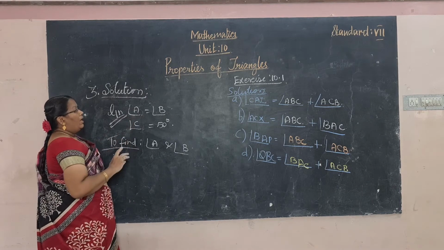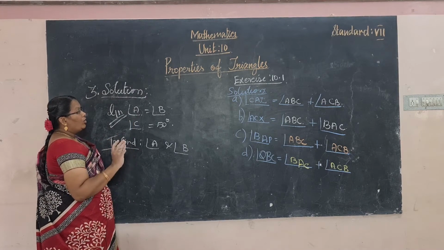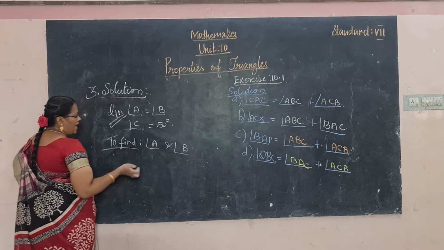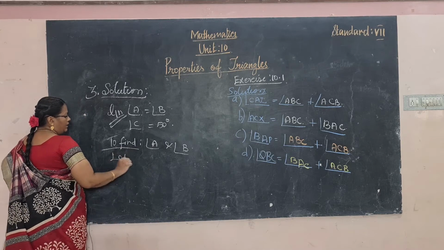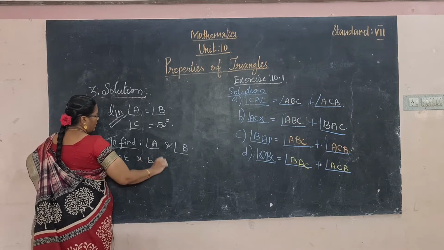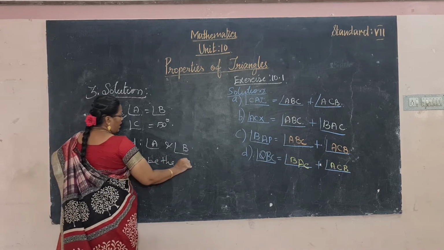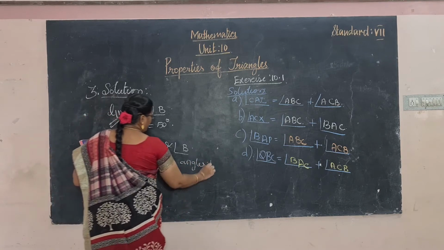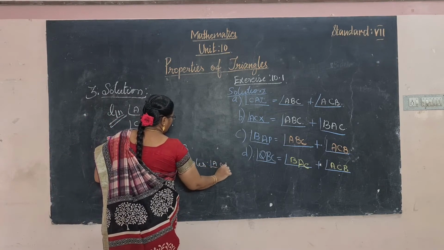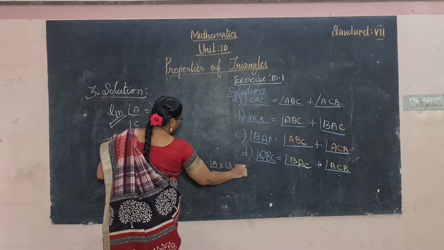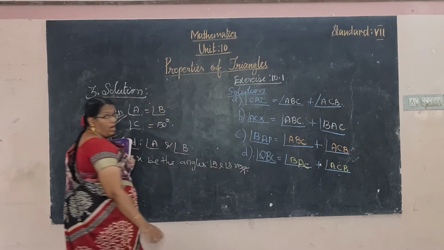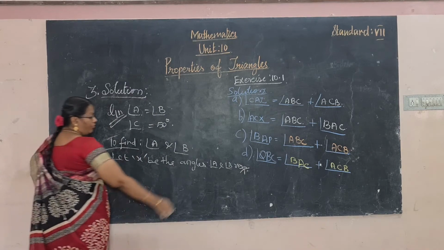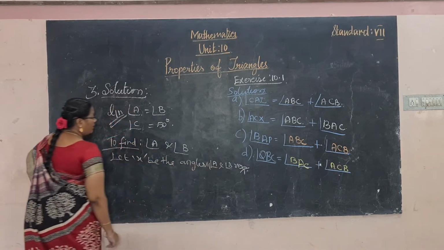So angles A and B are equal. Let X be the angles A and B respectively, because each is equal.